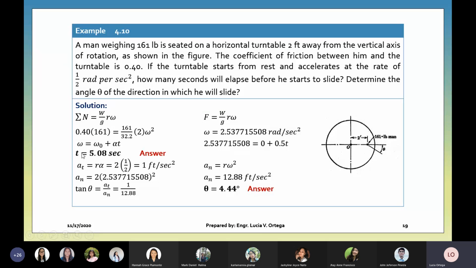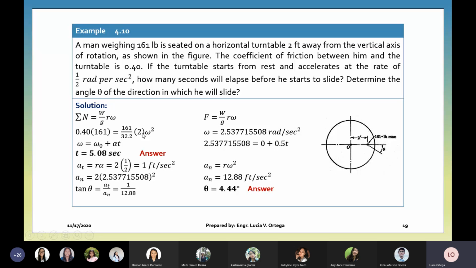So the time is 5.08 seconds. Okay. And then solving for tangential acceleration, that is R alpha. So we just multiply 1/2 by 2, that is 1 foot per second squared. The normal acceleration is RW squared.